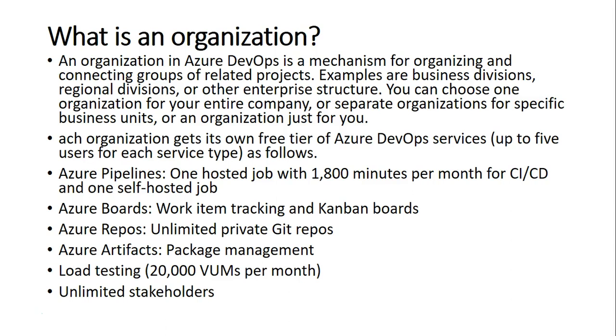Like you can create different organizations, one for HR, marketing, finance, your application team, your testing team, your quality assurance team. And each organization gets its own free tier of Azure DevOps services, up to 5 users for each service type as follows. You get Azure Pipelines, Azure Boards, Repos, Artifacts, Load Testing, and unlimited stakeholders.